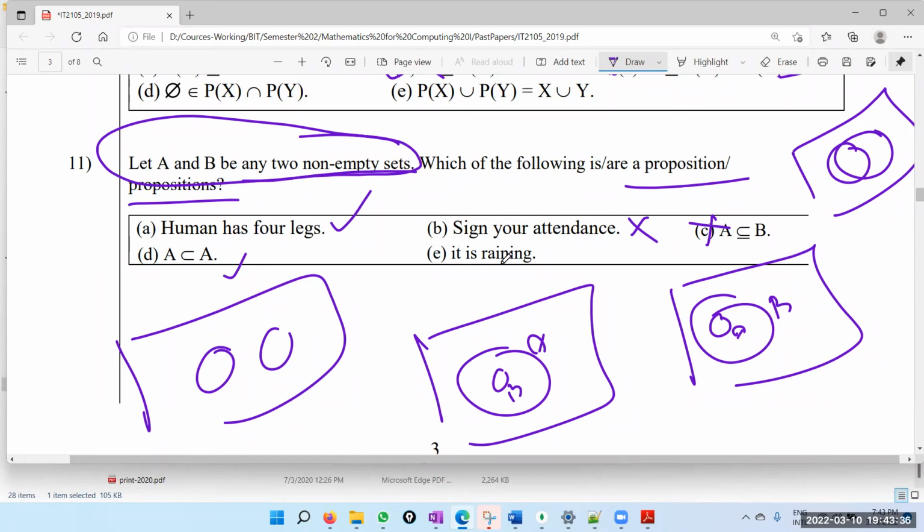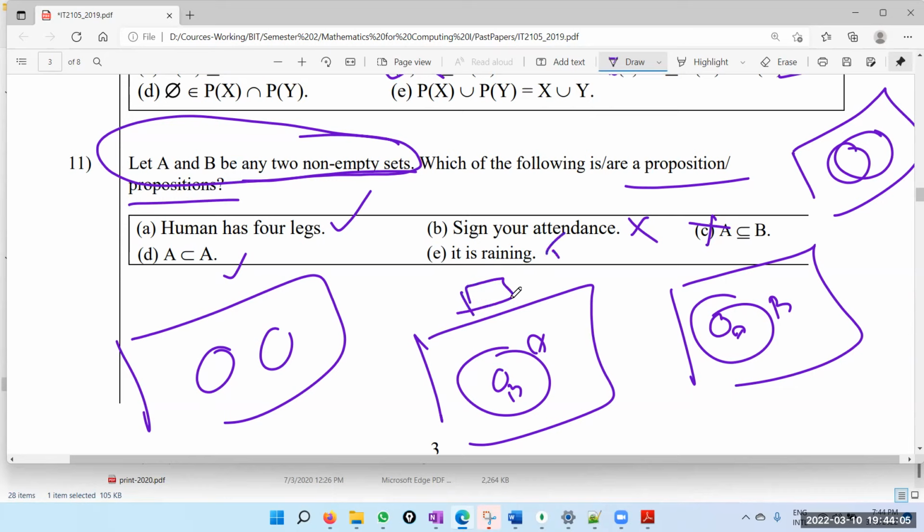It is raining. Now, this is a debatable answer that the examiner has given me. Anyway, I don't like this answer at all. If I am setting the exam paper, I will not give this kind of answer, because if it is now raining, it is raining is true.